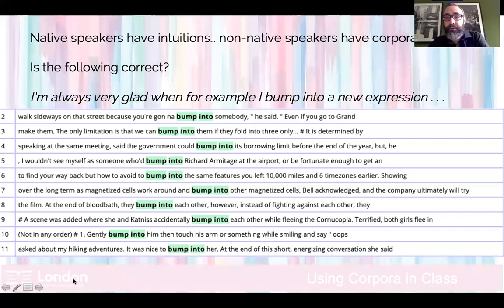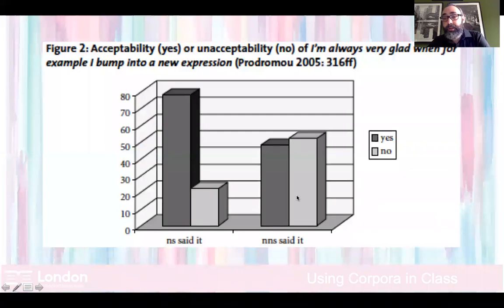If I tell you that a non-native speaker said this expression, you might think that it's acceptable or not. And if I tell you that a native speaker said this, you might think it's acceptable or not. I just show you this graphic of the acceptability or unacceptability of that phrase.